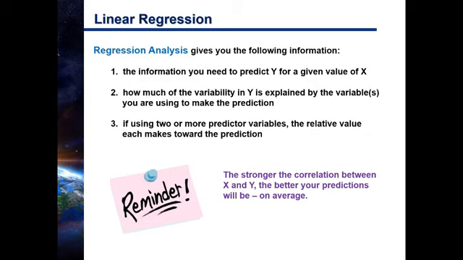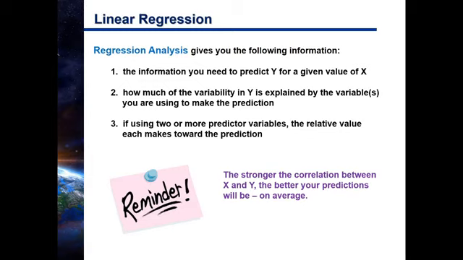Okay, now remember this, keep this in mind. We said that if there's no correlation between X and Y, if you did regression, you would just be guessing, right? There's no relationship there. Why do you think that you're going to be able to use X to predict Y? The other thing that you should remember is that when R increases, either in the negative direction or the positive direction, it means the relationship is getting stronger.